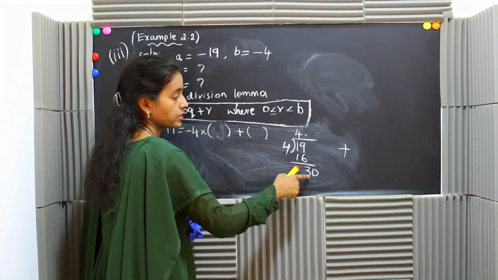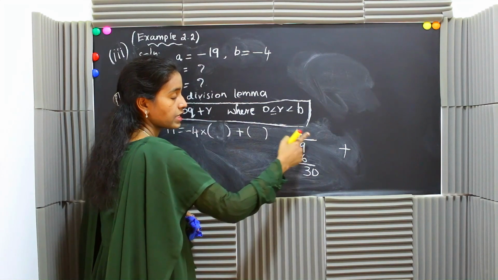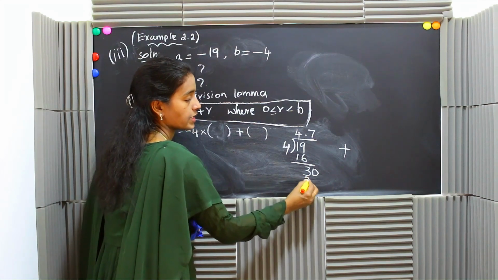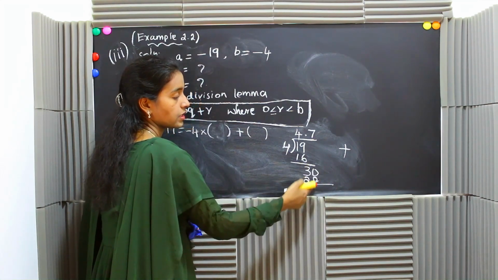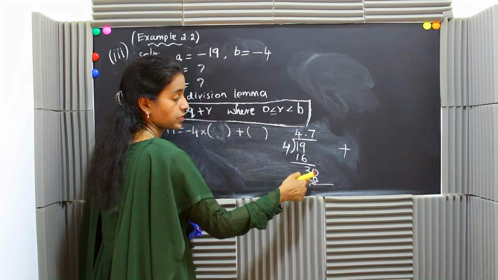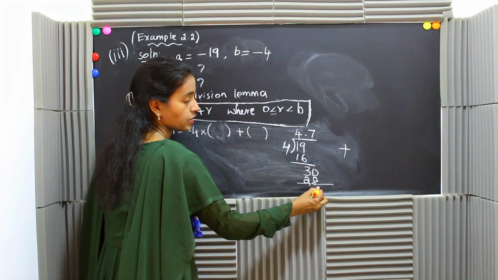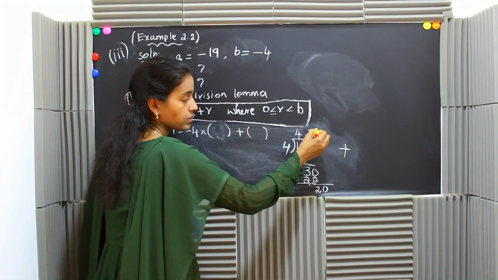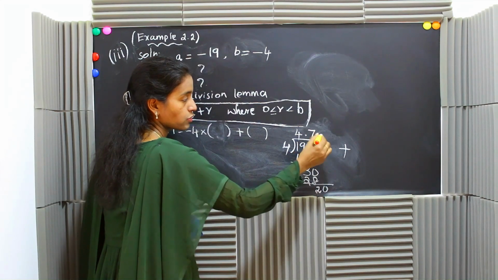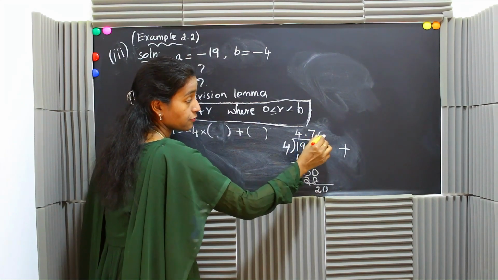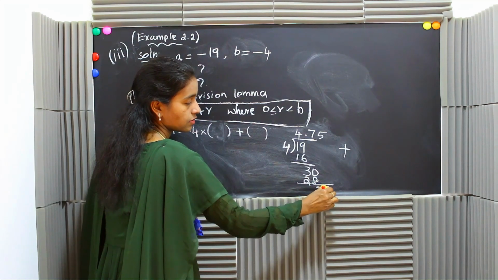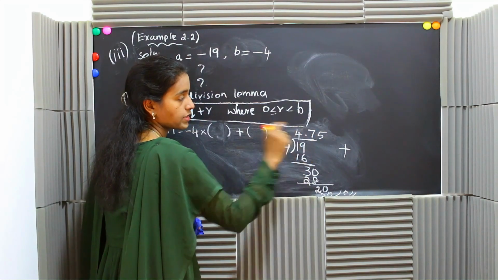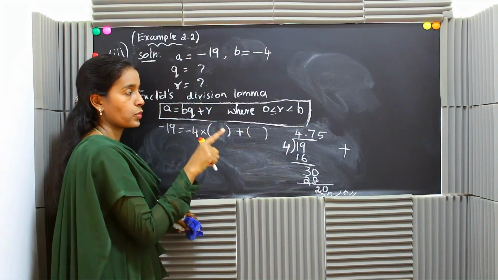Now we can divide 30 by 4. You'll be getting 7. 7 4s are 28, right? If you subtract 28 from 30, I'll be getting 2, right? Again, I'm adding one more 0. Then 5 4s are 20. Okay, the answer is 4.75.